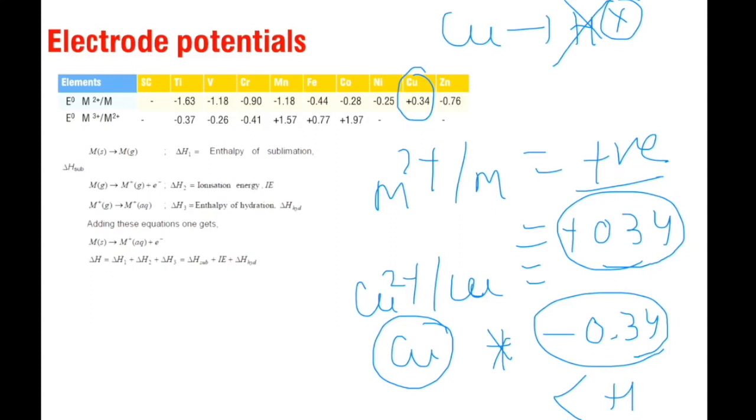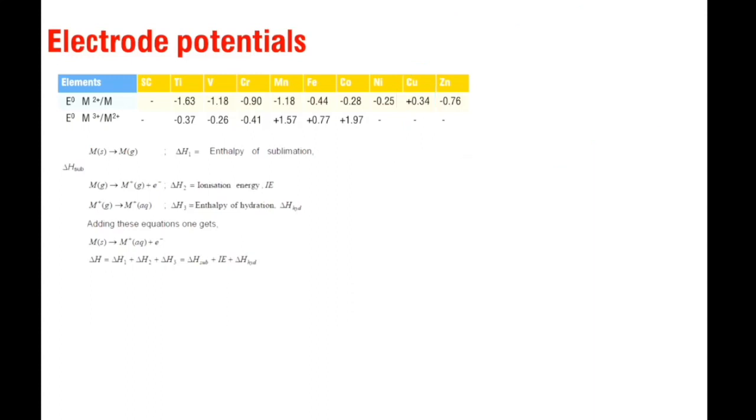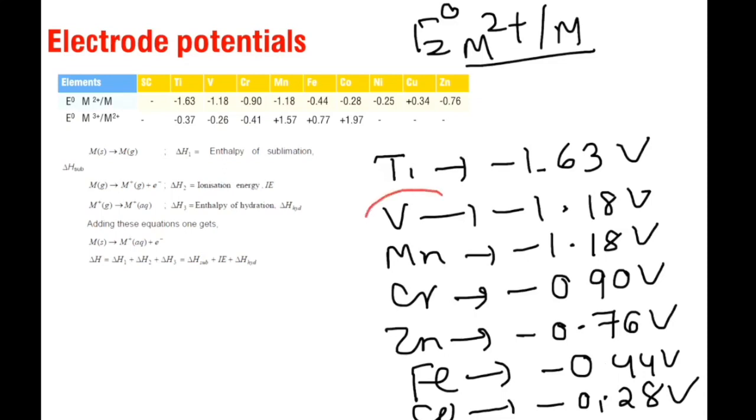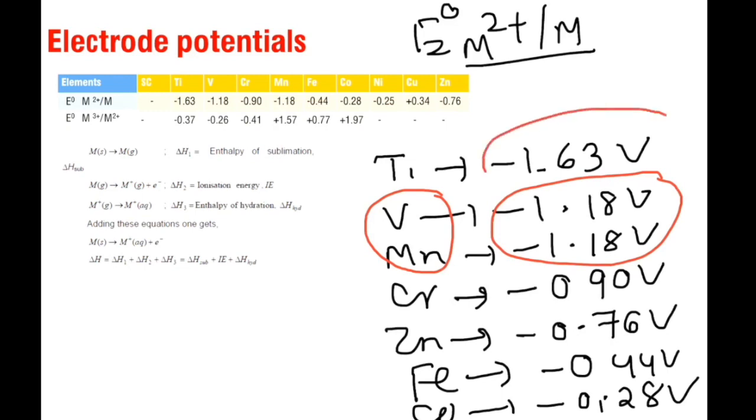And if we compare the reduction potential of all, so if we compare the reduction potential of M2 plus to M, look at here. The vanadium and manganese possess minus 1.18 volt. Titanium possesses minus 1.63 volt. So highest is titanium 2 plus to titanium.